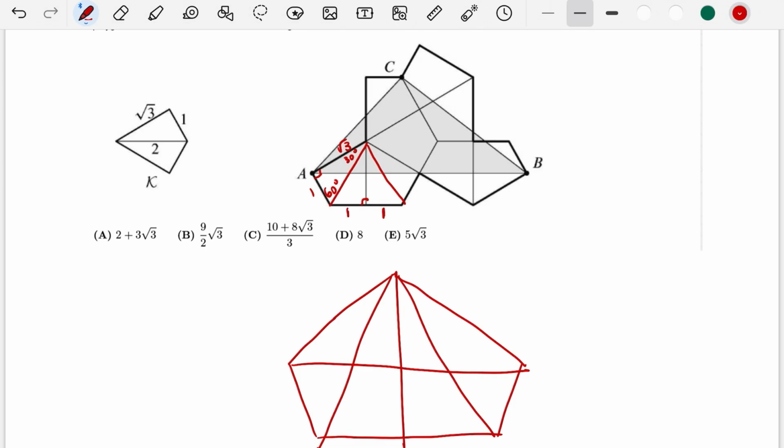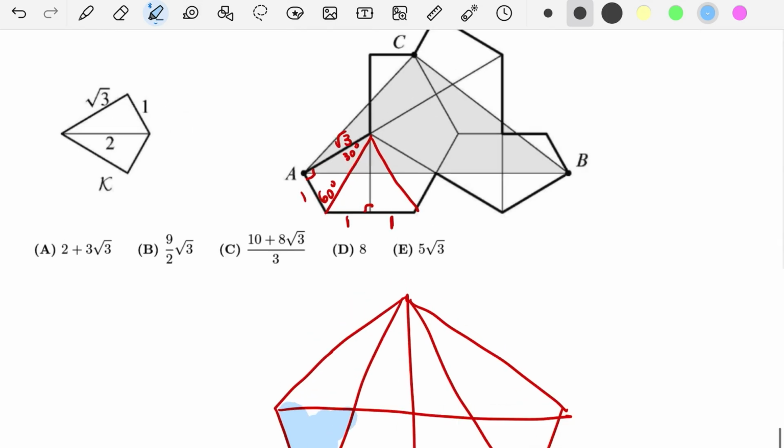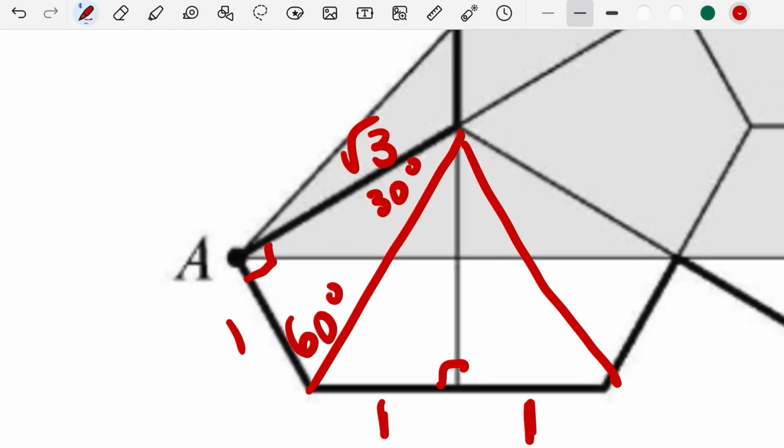And moreover, we know that this triangle here is also equilateral because from our original diagram we have a 60-degree angle here. And since this triangle is equilateral, this angle here is 60 degrees, which means this must be 60 degrees as well, so this angle also has to be 60 degrees.